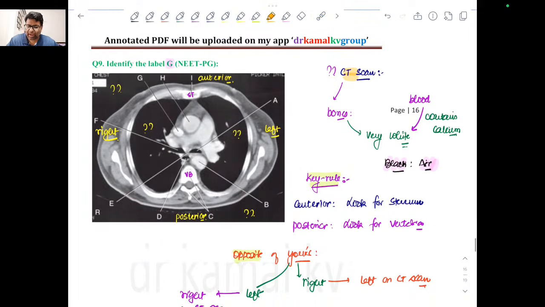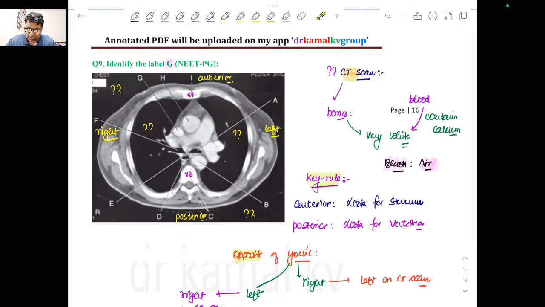So with this background knowledge we can take the structures. What we can see here are some black areas and some white areas. Obviously this is the lung field, air in the lungs, appearing black.